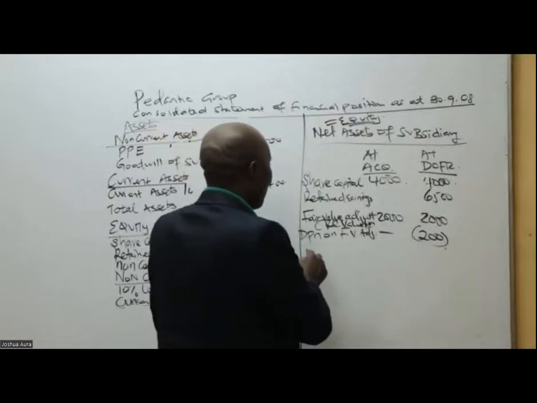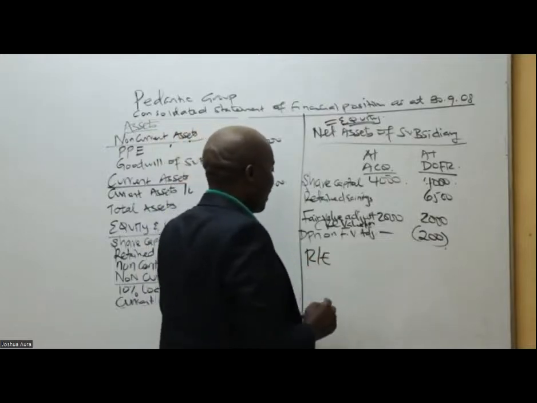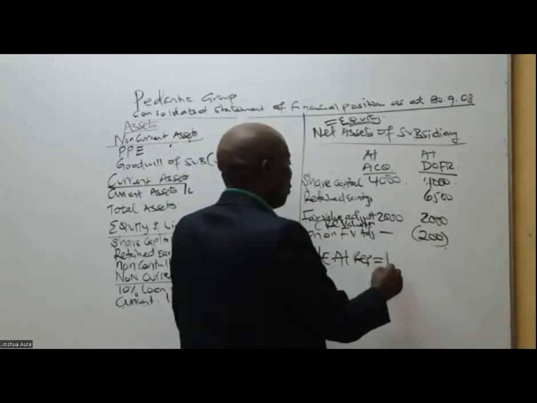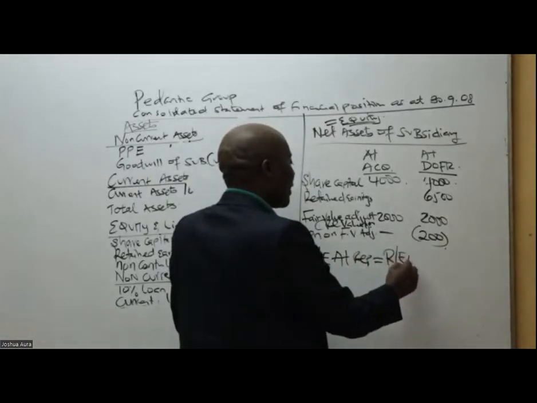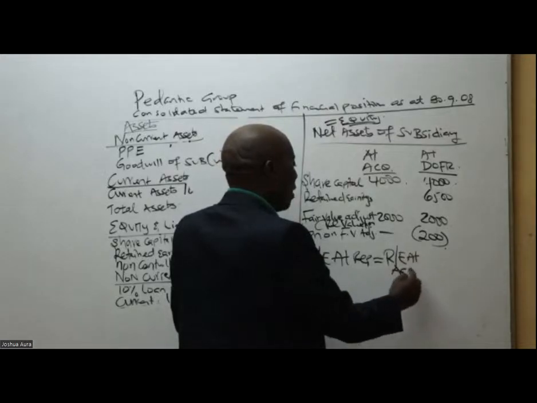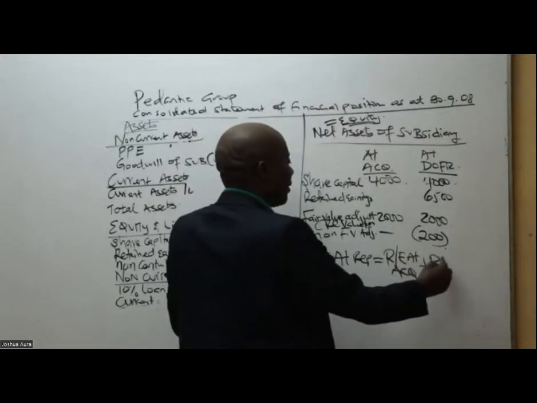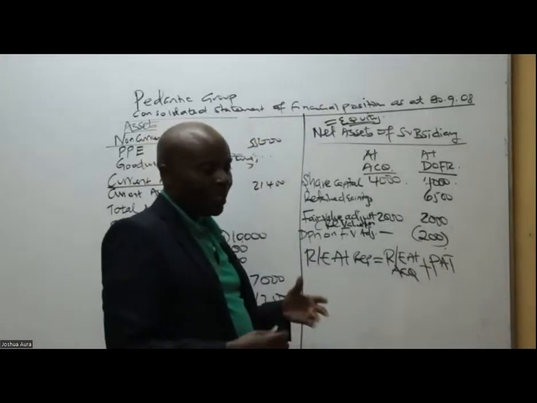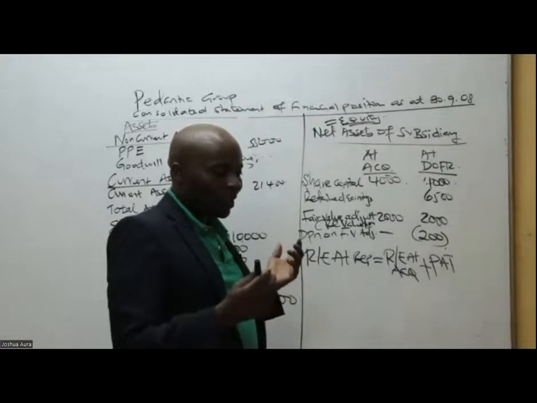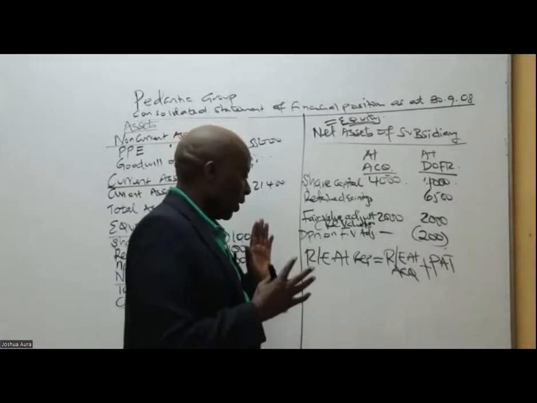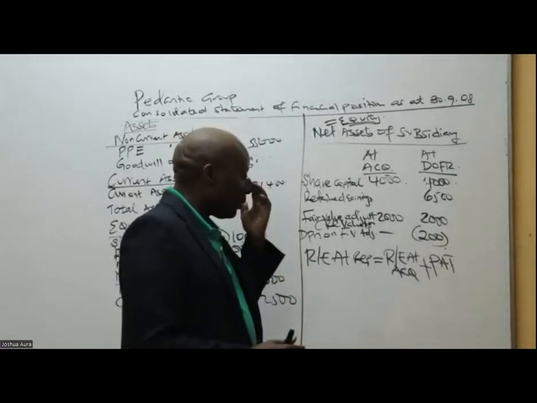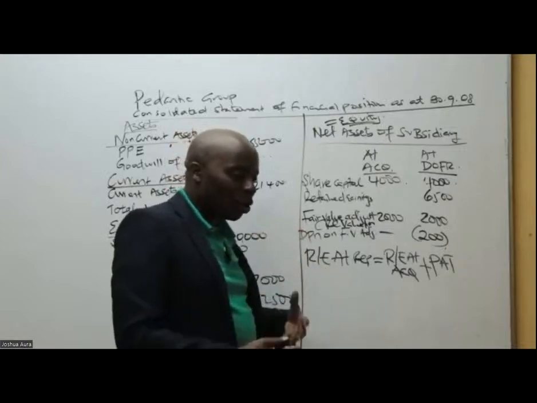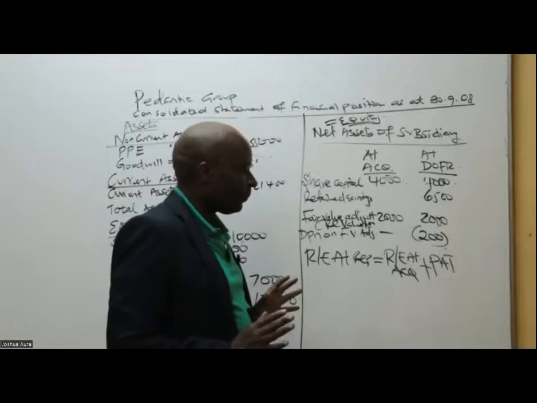Remember, to get retained earnings at reporting, we normally take retained earnings at acquisition plus profit, assuming no dividends were paid and you retained everything. Whenever you want retained earnings at reporting, we take retained earnings at acquisition plus the accrued profit.